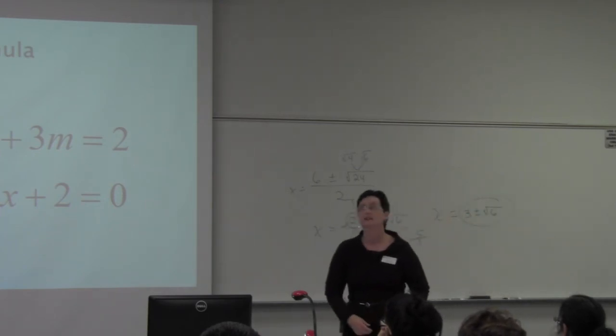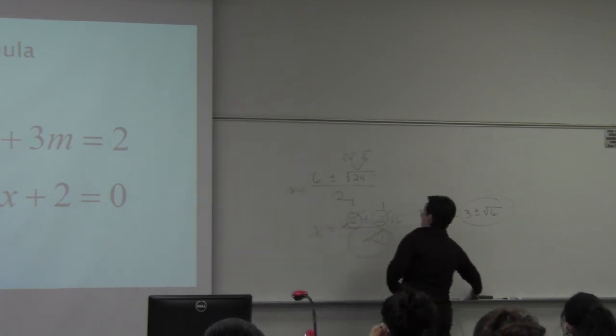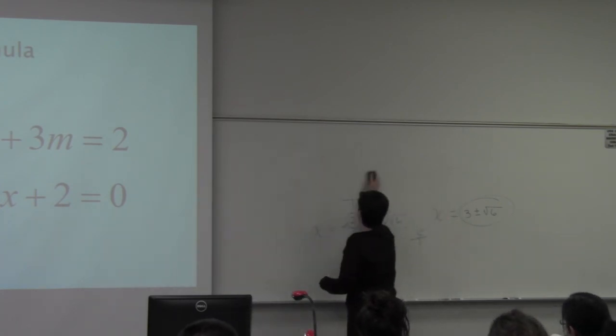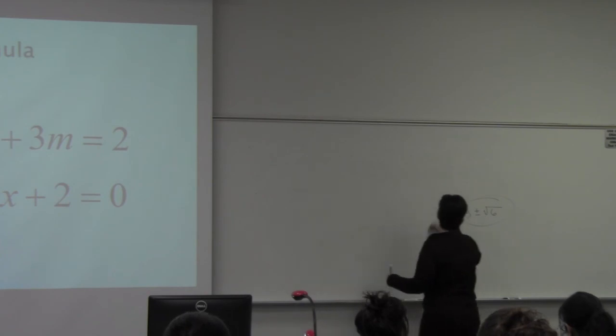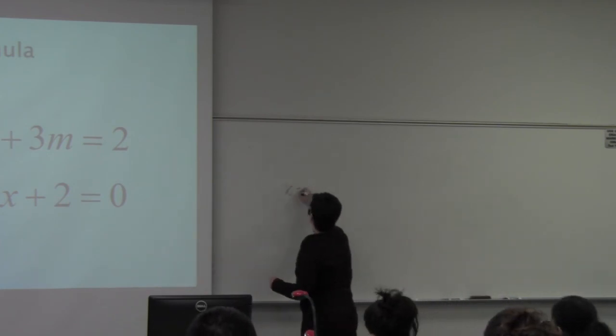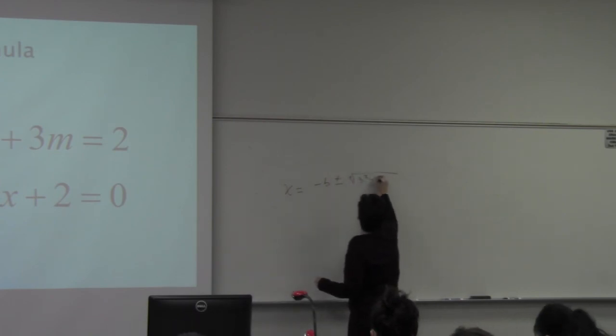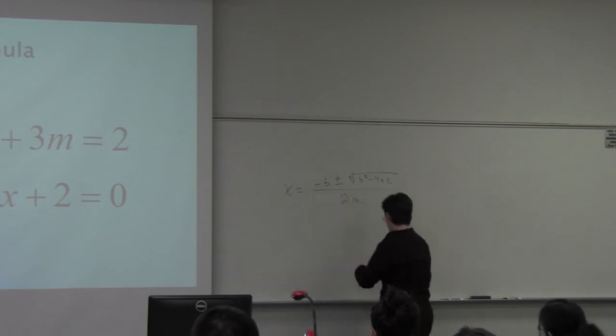All right, last but not least, let's look at the discriminant. When you have the quadratic formula, you have x equals negative b plus or minus the square root of b squared minus 4ac all over 2a.